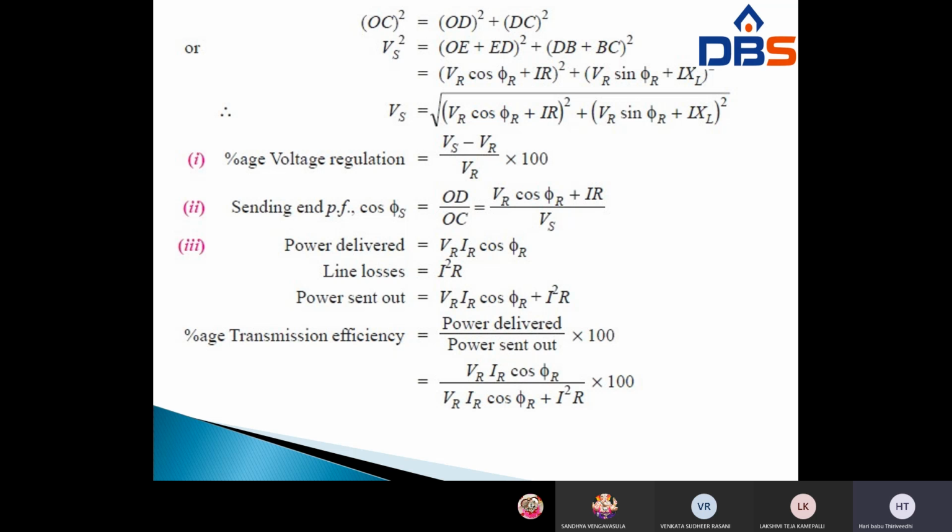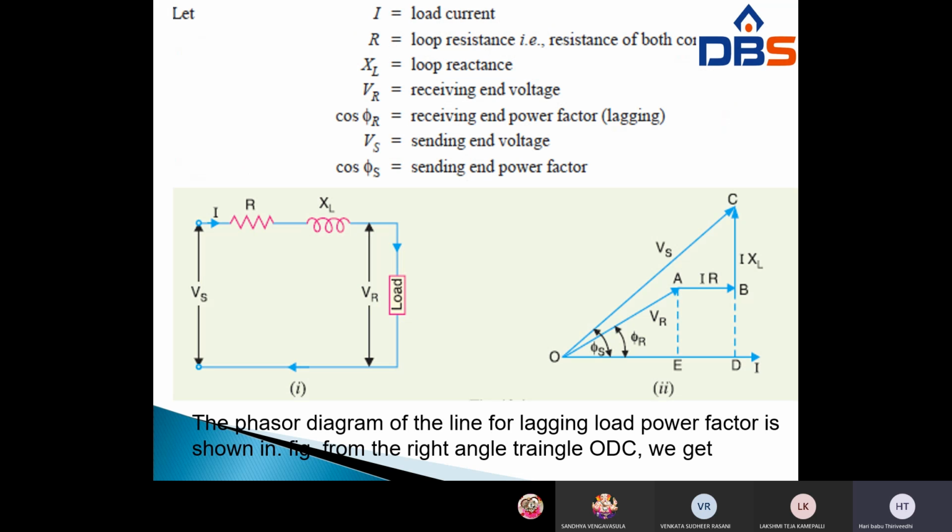Look at the figure once again. OD is equal to OE plus ED, and CD is equal to CB plus DB, right? OE is VR, ED is IR, and CD is IXL.